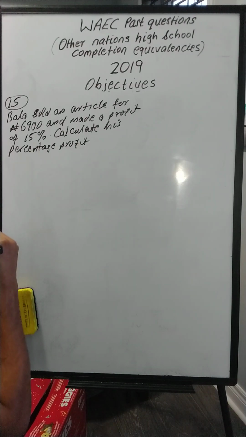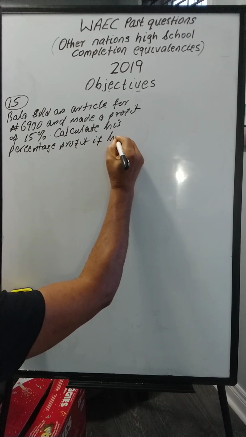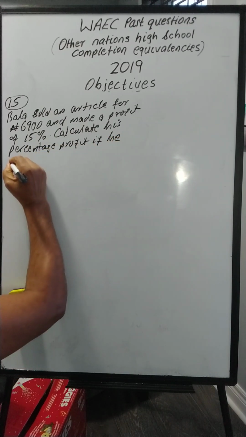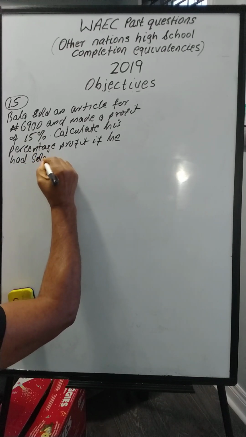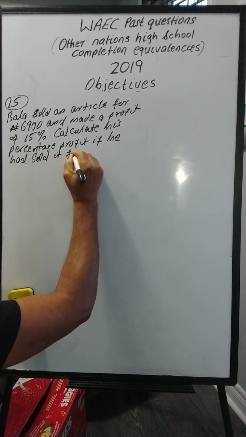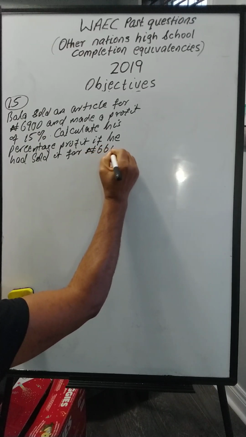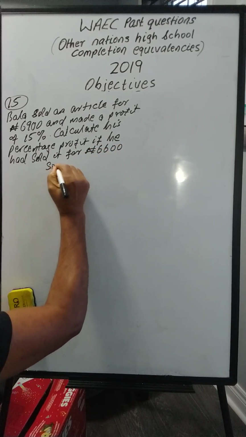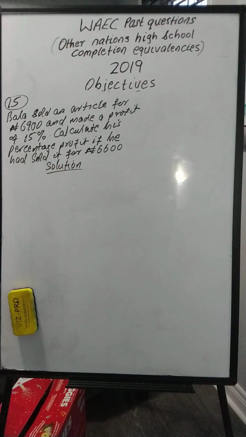If you have sold it for 6,600, we find the cost price first of all.